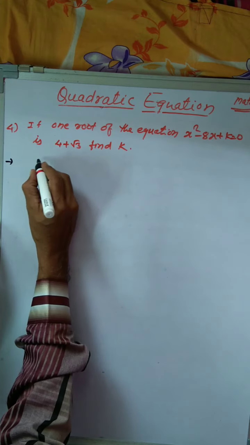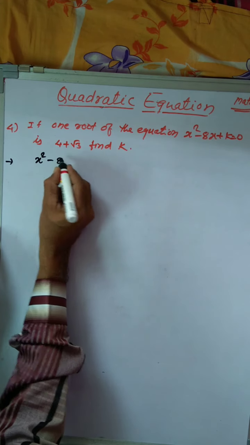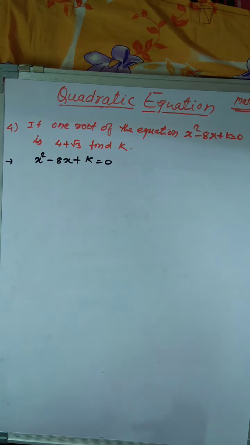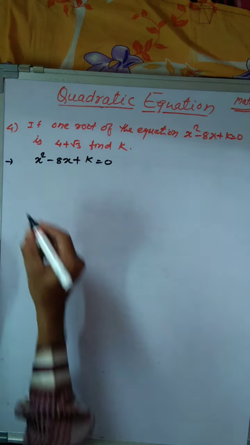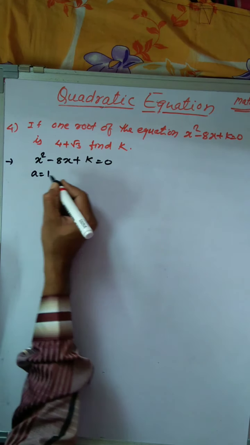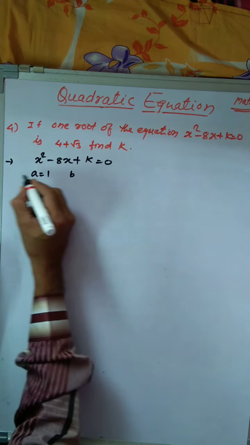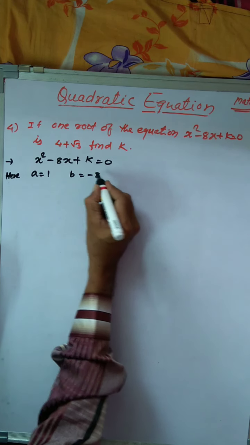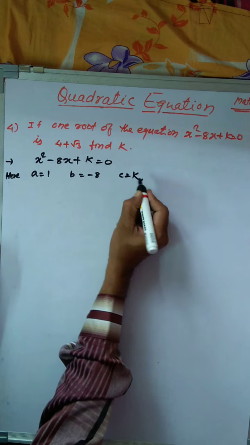Here the equation is given x square minus 8x plus k is equal to 0. We have to compare this equation with ax square plus bx plus c. We get a is equal to 1, b is equal to minus 8, and c is equal to k.